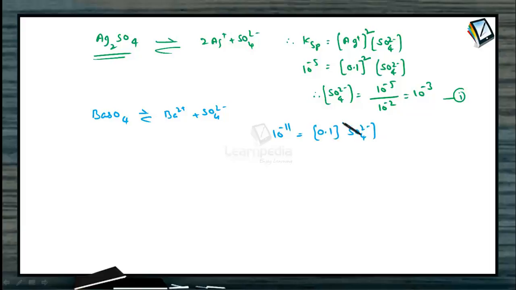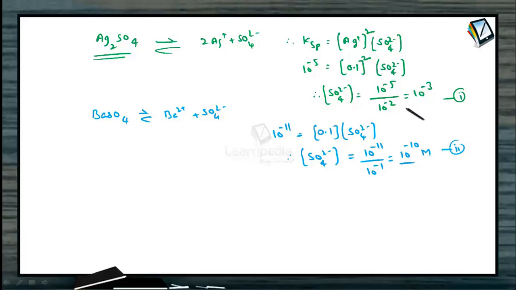So what will be the sulfate concentration needed, which we can calculate as 10 to the power of minus 11 by 10 to the power of minus 1. So it becomes 10 to the power of minus 10 molar. So this is second. For barium sulfate to be precipitated, we need sulfate concentration little more than this. Whereas for silver sulfate to be precipitated, a very high concentration is required. So sulfate concentration required here is much less than in this case.